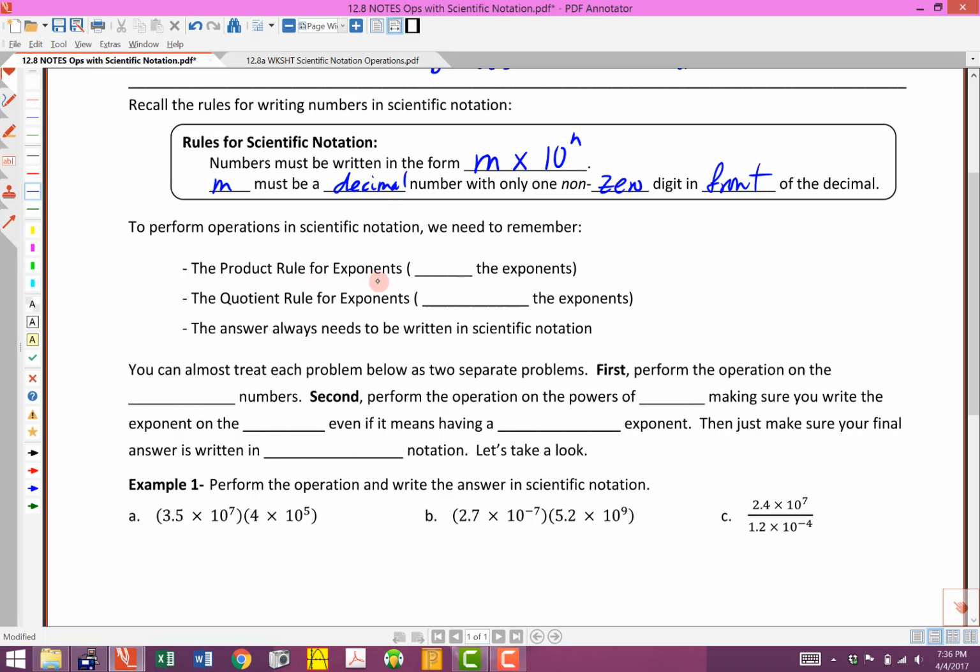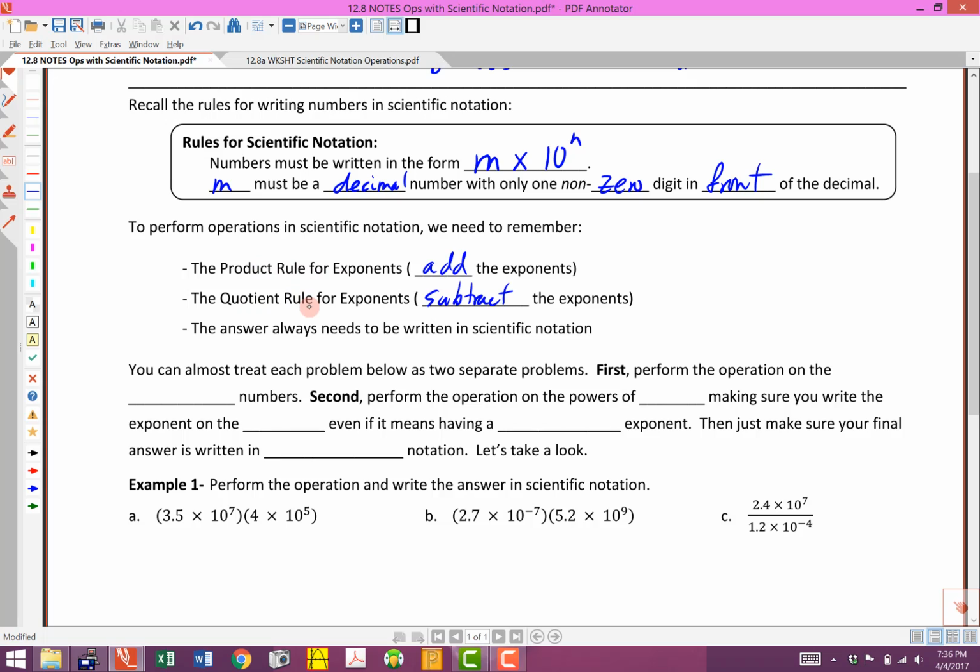The product rule for exponents: we add the exponents when we're multiplying the same base together. The quotient rule is that we subtract exponents as long as the bases are the same. And the answers always need to be in scientific notation when we're done. So we're going to do some operations with scientific notation, using the product rule and the quotient rule for exponents.